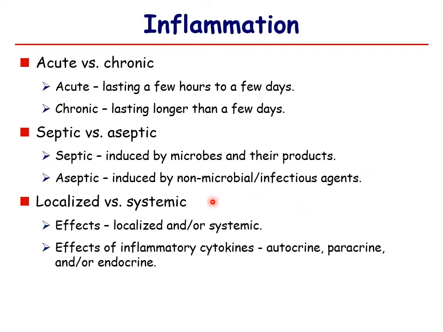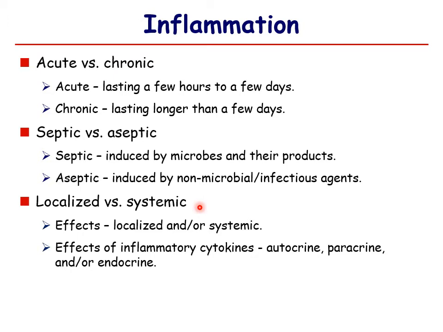Inflammation can be localized or systemic. Localized inflammation, as the term indicates, is limited to a particular location of the body, while systemic inflammation is inflammation happening throughout the body or in various parts of the body at the same time.